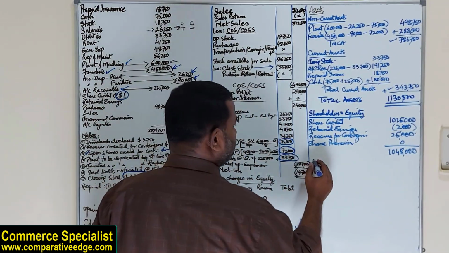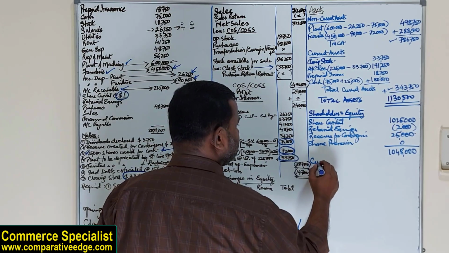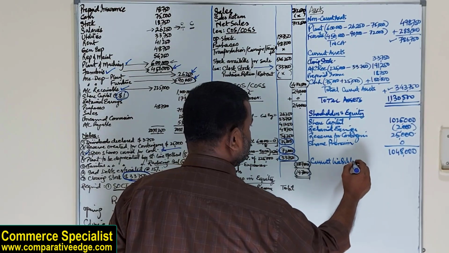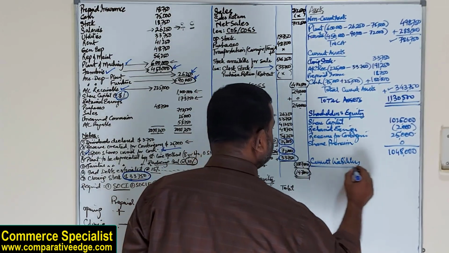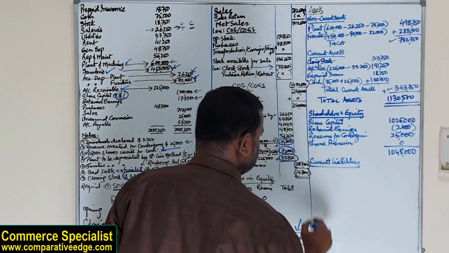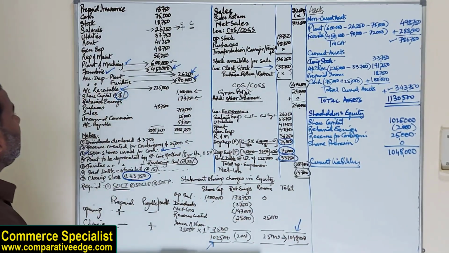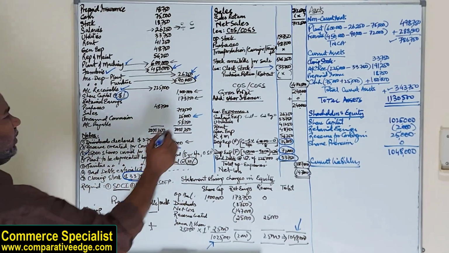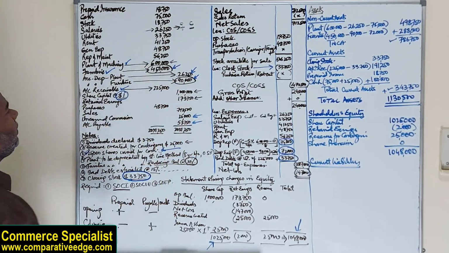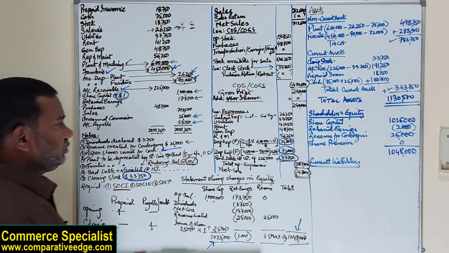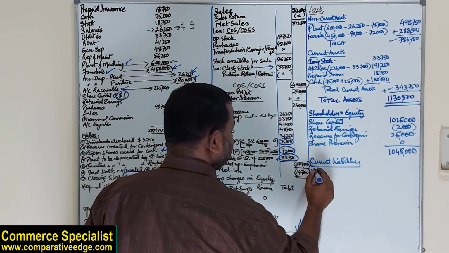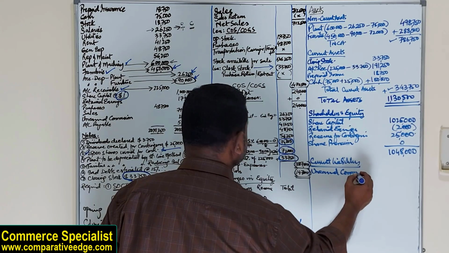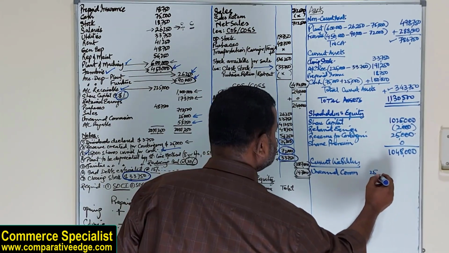Then you talk about your current liabilities, if any. Okay, let's talk about current liabilities. We have unearned commission. We have accounts payable as current liability. So let's take them. Unearned commission is 25,000.